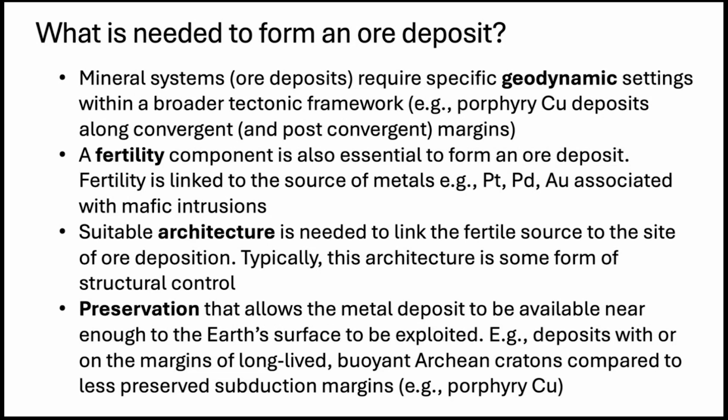We need a fertility aspect of it because we need to have an anomalous concentration of metals to start with, or at least a mechanism by which we can concentrate metals. And then we need a suitable architecture. That is, we need to have the transport pathways, faults, pores, that sort of thing, and a receiving environment to then form the deposit, which can be a structural control or a redox control, as we talked about previously.